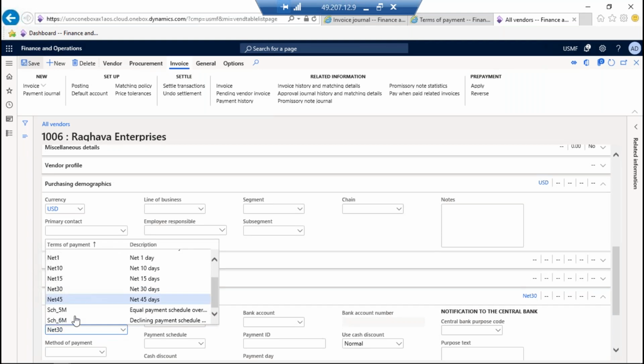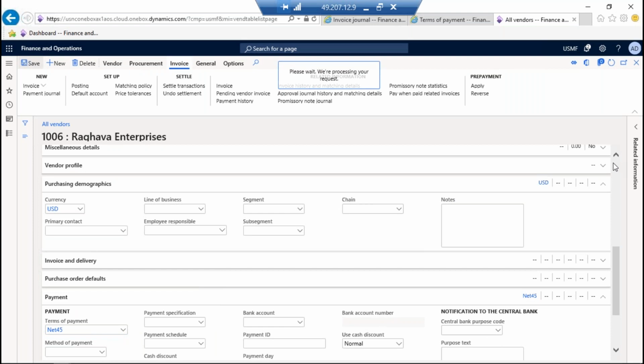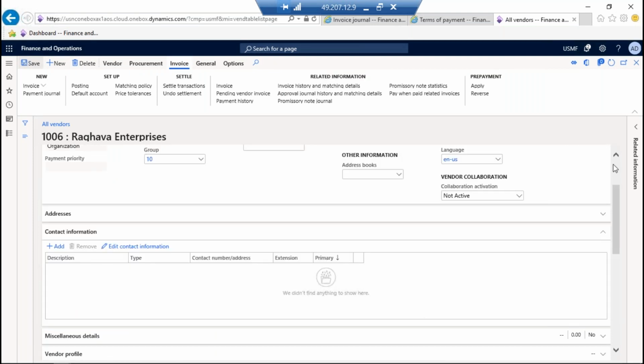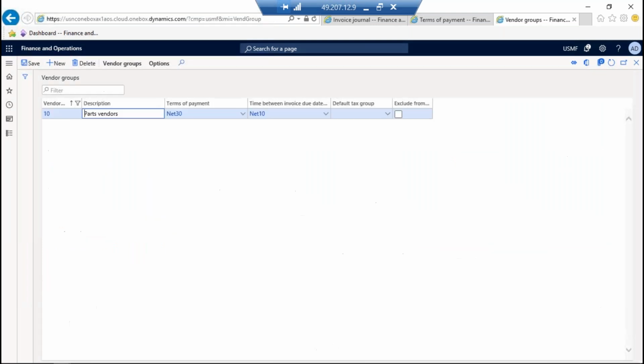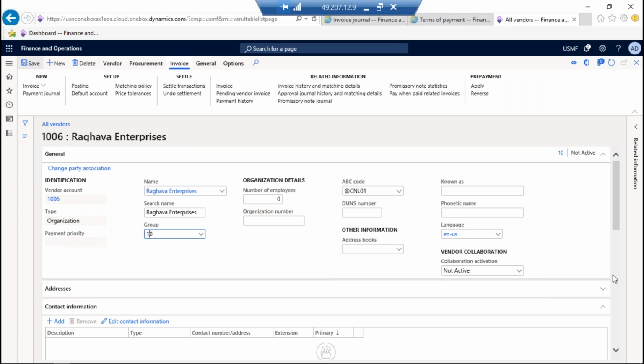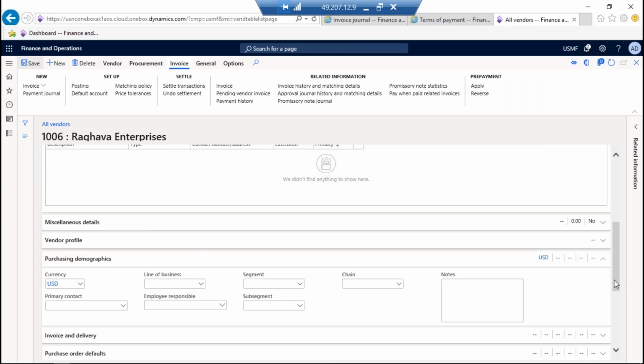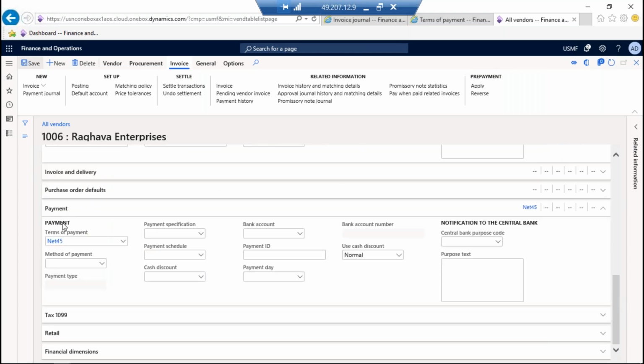The 30 days is coming because, while creating the vendor group, we mapped 30 days to it. That is the reason it was captured as 30. Now I'm mapping 45 days. So for this vendor, in the payment fast tab, I have mapped net 45 days.